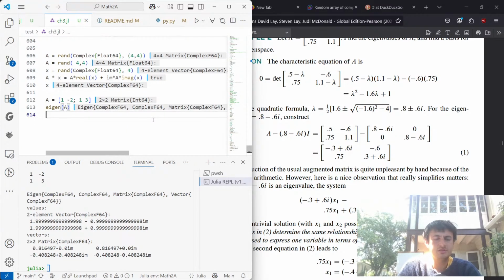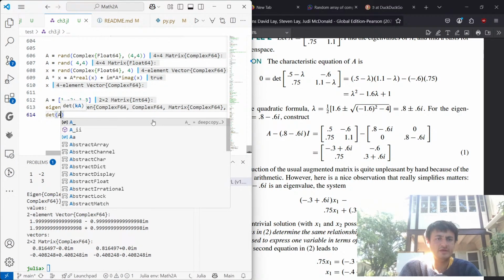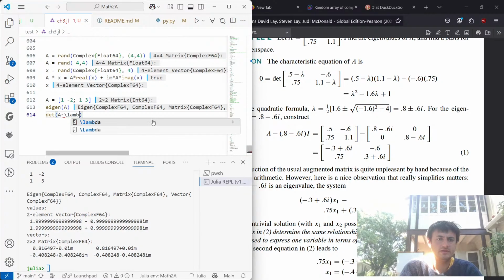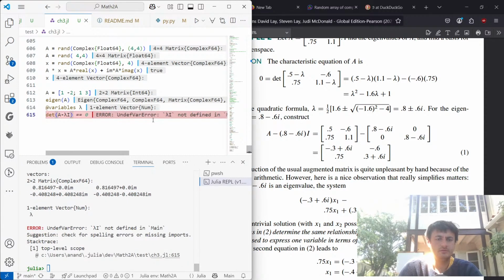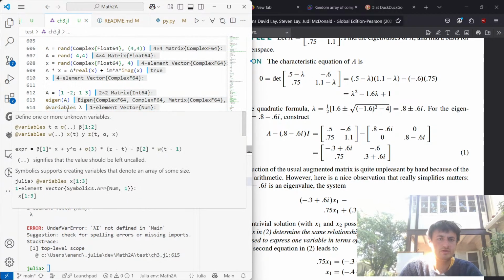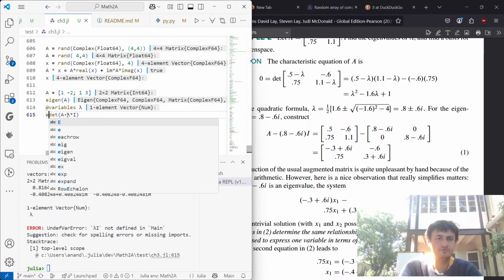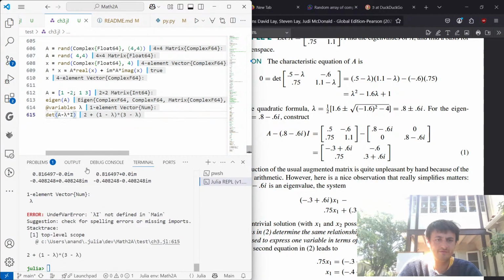I'm pretty sure if I do det of A minus lambda, is lambda symbolic? I think it is. But I'm pretty sure that we get, and we do, do we have a factor?